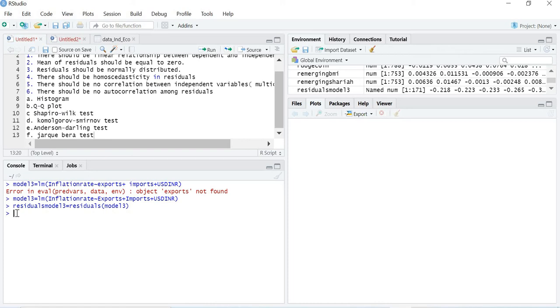Whether we should give any weightage to this assumption. So yes, the answer is yes, we should give the weightage to find out whether these residuals are normally distributed or not. Now let me explain to you with the help of an example.